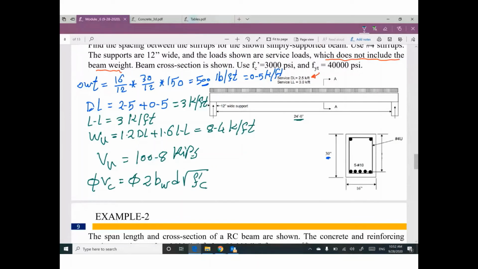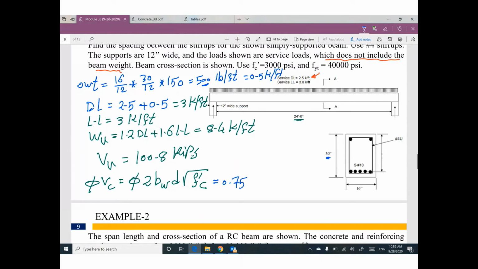Remember, Vc alone equals this term alone. But I'm looking for the design shear strength of concrete, so I added phi on the other side also. What was the value of phi? 0.75. You don't need to figure it out. 0.75 is a constant number.